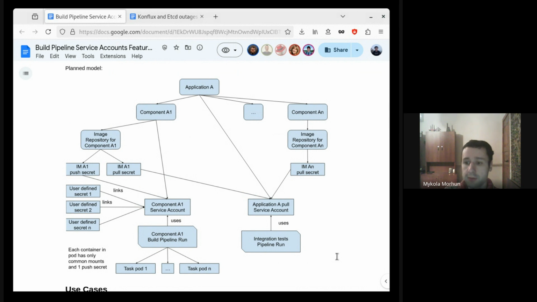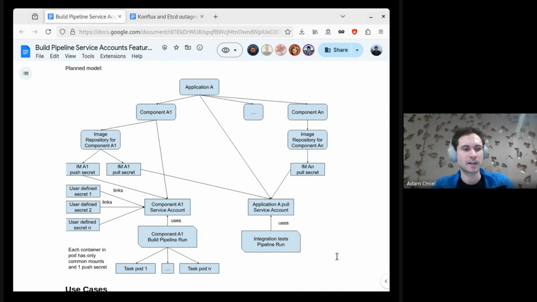Any other thoughts? Yeah, Adam? So what would be the downsides of having still just one service account with one bigger secret, like one secret for all the image repositories?